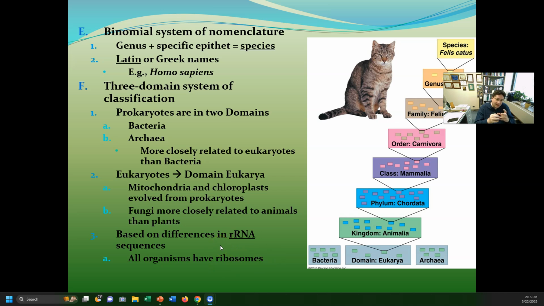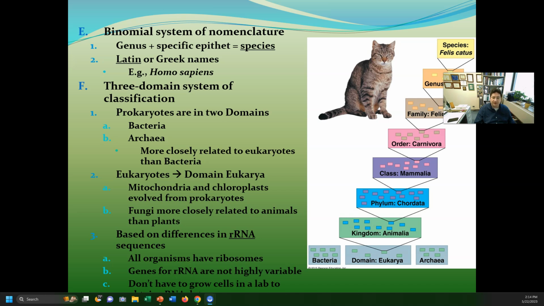They're little tiny organelles where proteins are built. And the genes that make ribosomal RNA, that make up this ribosome, are not highly variable. So we can easily tell by looking at the ribosomal RNA, rRNA, whether an organism should be in domain bacteria, domain archaea, or domain eukarya.